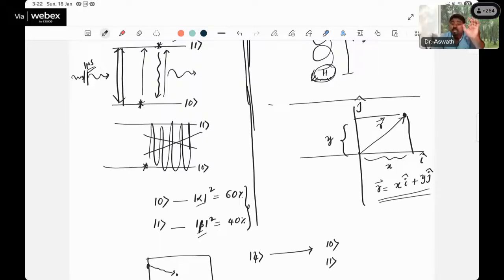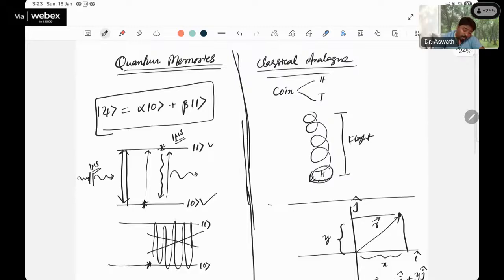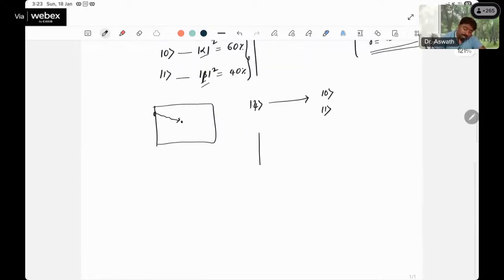Similarly, a quantum state is a superposition of something. It has two dimensions. One dimension is along the zero, another dimension is along the one. The classical Cartesian coordinate system is made up of i and j basis vectors.